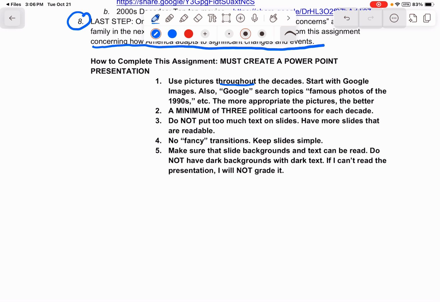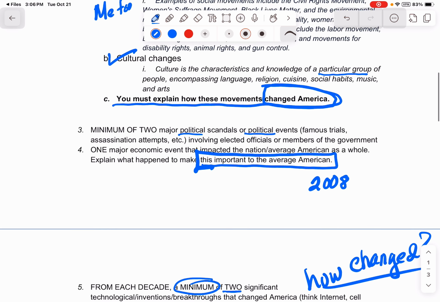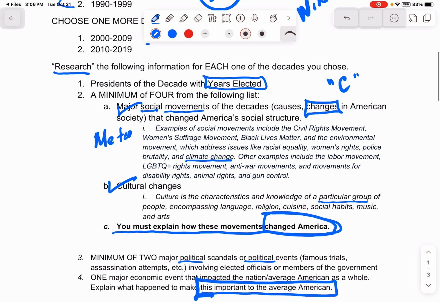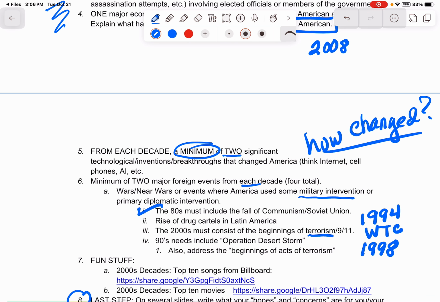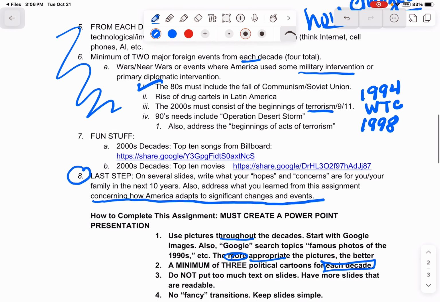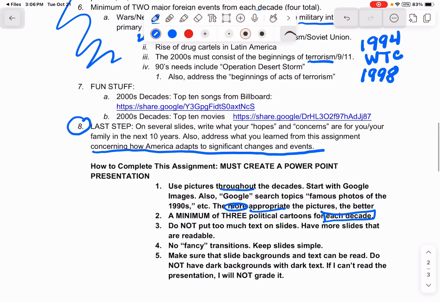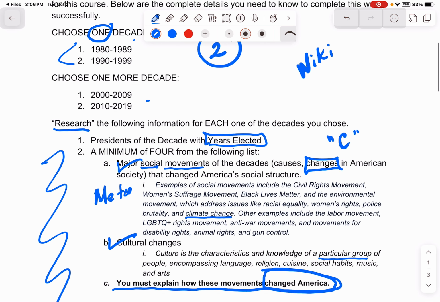I am not going to give you a number, but the more the better. A minimum of 3 political cartoons for each decade. Honestly, what I would do if I were you, I would start looking right in here, do my little bit of research, and then go find the cartoons that match what you're putting in your information.